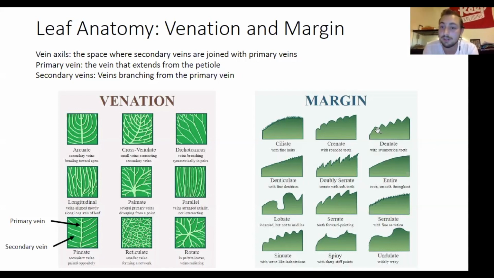Remember, with symmetrical teeth that point straight out from the origin of those teeth, and more so related to our beech, our teeth are a little bit smaller, so we call it denticulate, with fine dentate teeth, really tiny ones.